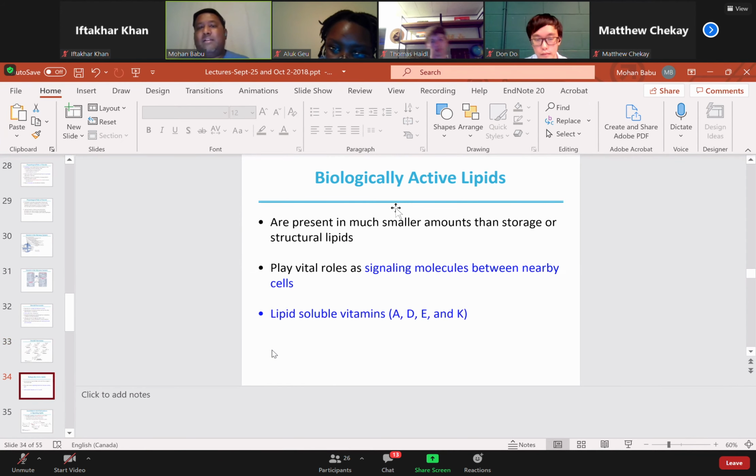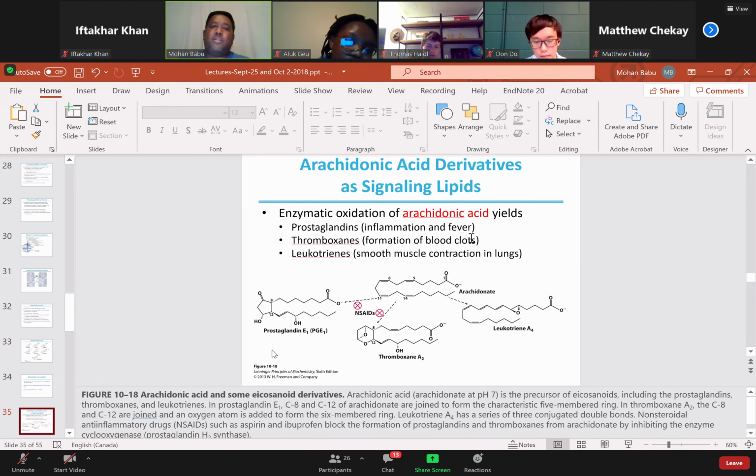The most important active lipids are the lipid-soluble vitamins A, D, and K. Another example is arachidonic acid derivatives, which are signaling lipids: thromboxanes, formation of blood clots; leukotrienes, important for smooth muscle contraction in lungs; prostaglandins, important for inflammation and fever.